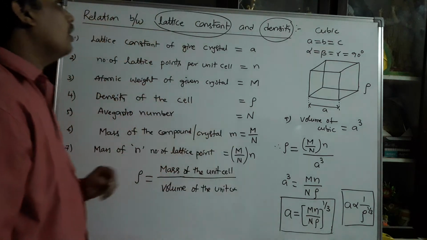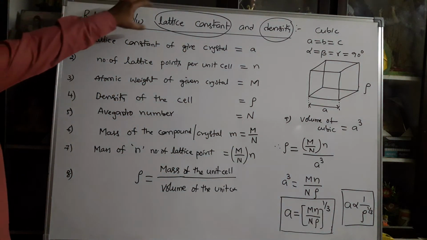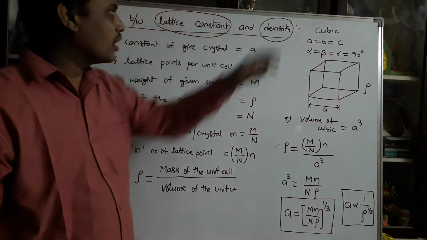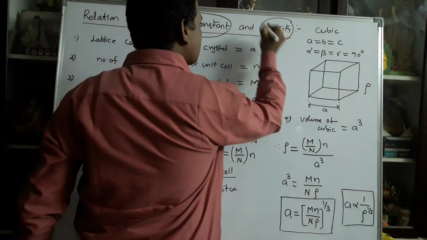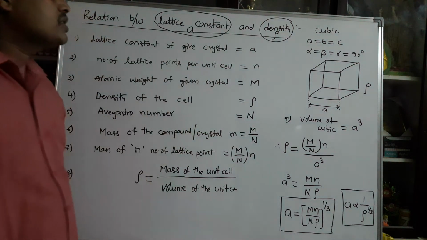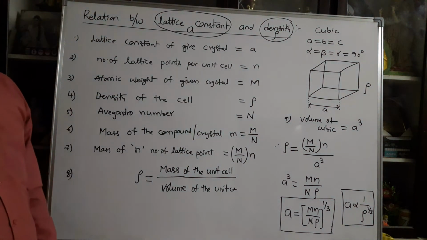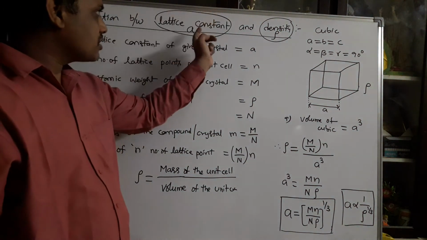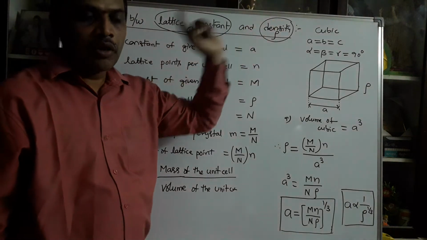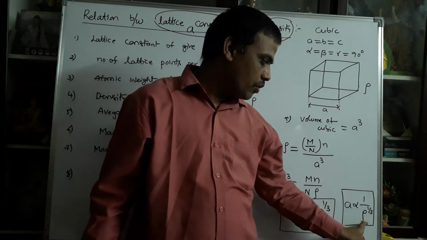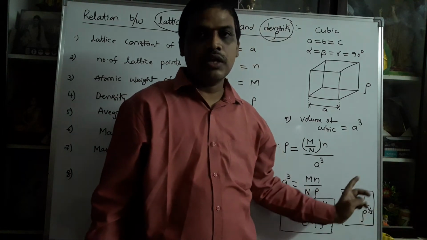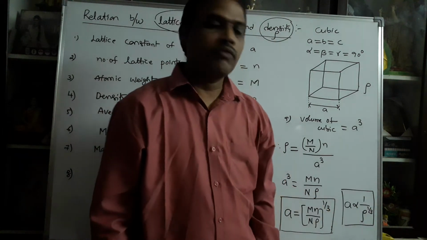So the topic is the relation between lattice constant and density. Here I take the lattice constant as a and density as rho. The relation between a and rho is inverse: the lattice constant is inversely proportional to density. The particular relation is a is inversely proportional to rho to the power 1 by 3.